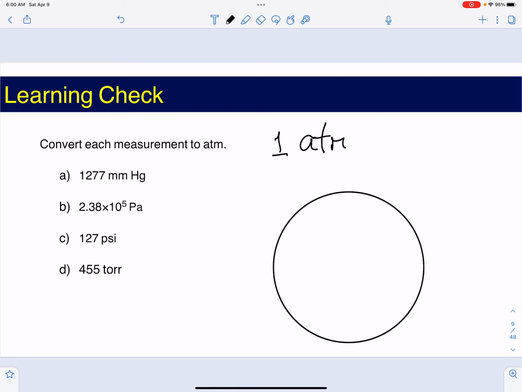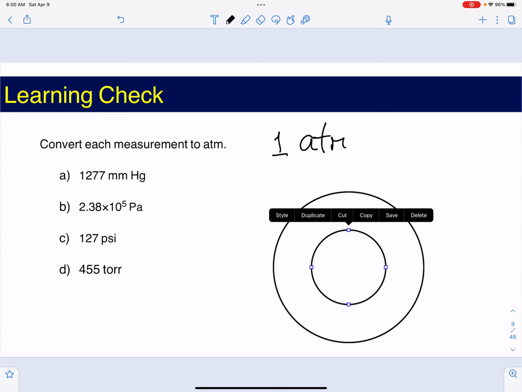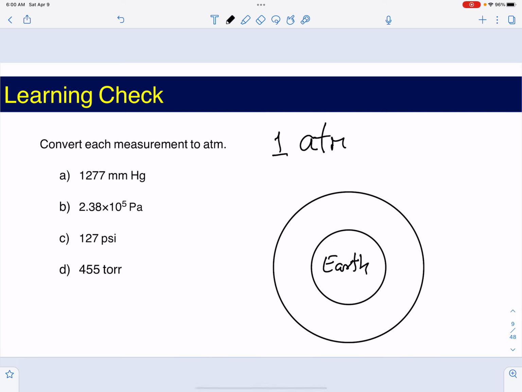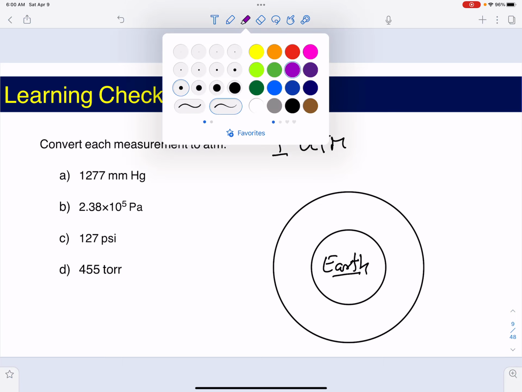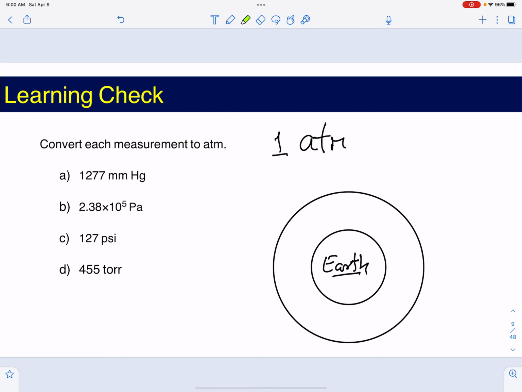So here we're going to have our planet, and there's air around it. Like we said before, we're going to call this Earth. So all that air is going to be made out of particles.